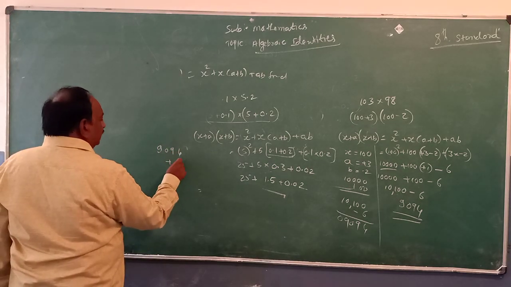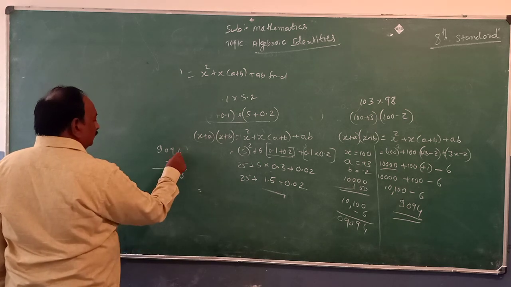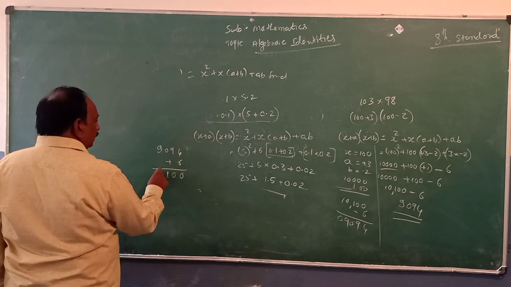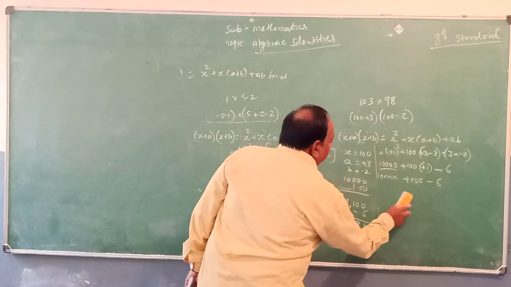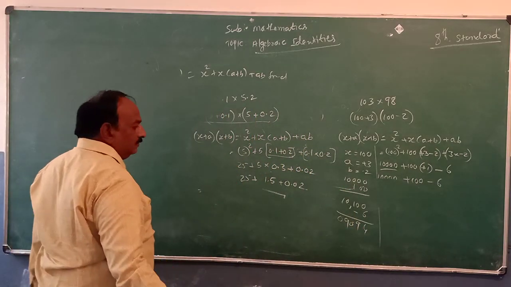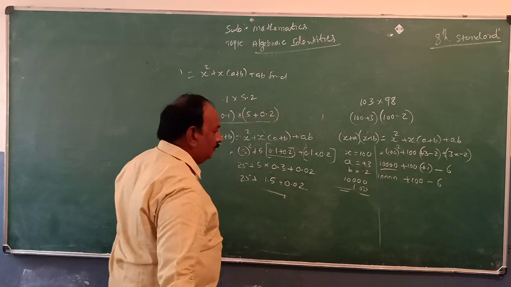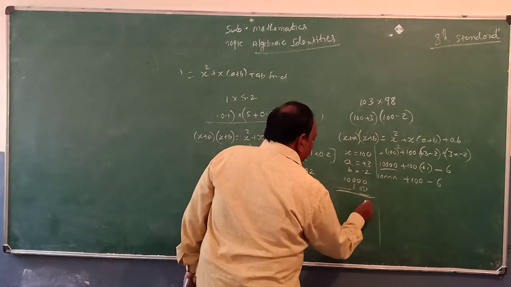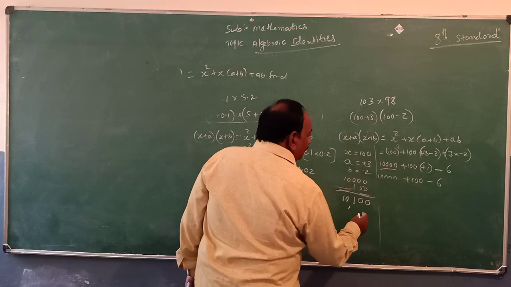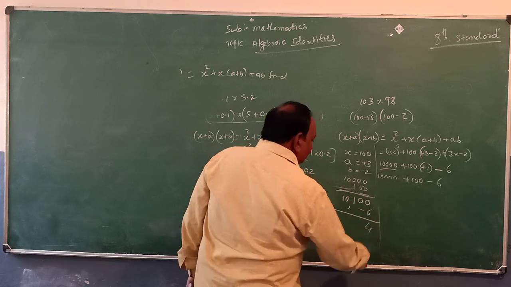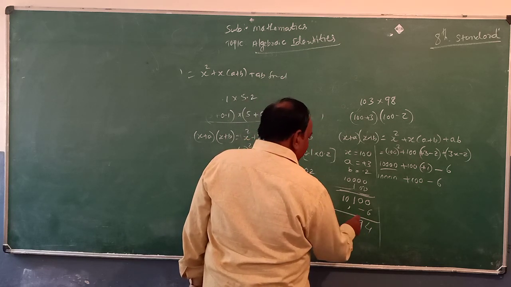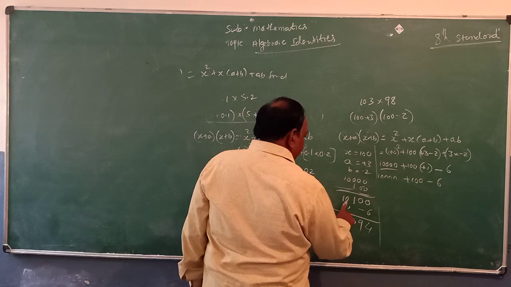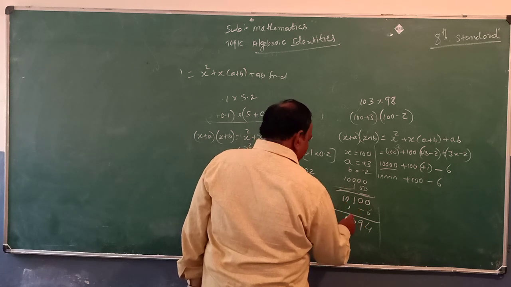Small mistake here. 10,100 minus 6: 10 minus 6 is 4, here is 9, here is 0, here is 0 as it is.